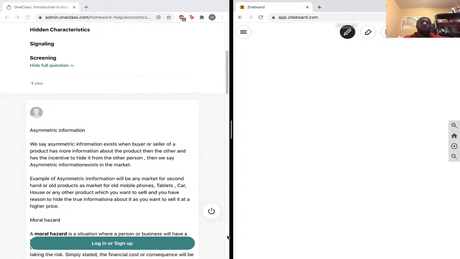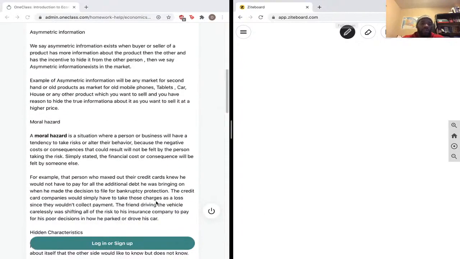Asymmetric information is when one party in the market has more information about the good or service than the other party. And if we look at a house, for example, when you're trying to sell a house, you're obviously not going to show, at least if you're trying to make the most money out of it, everything that's wrong with the house. You're not trying to drive your buyers away. So you hide that information, and hopefully it leads to selling at a higher price.